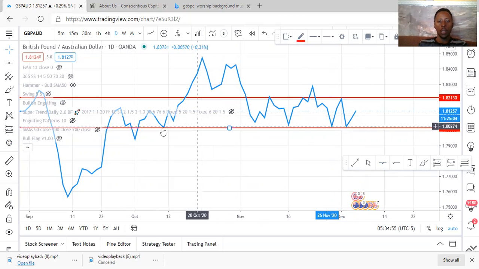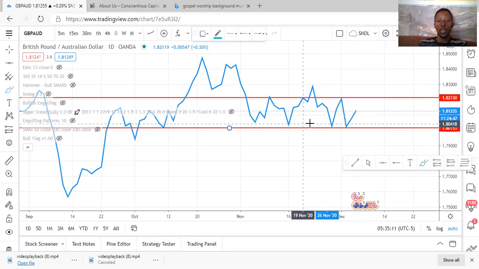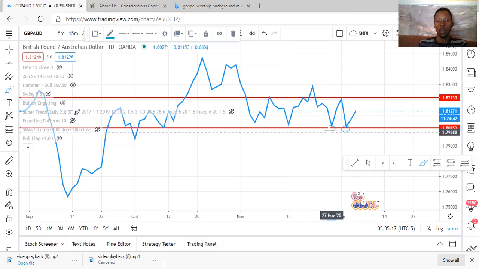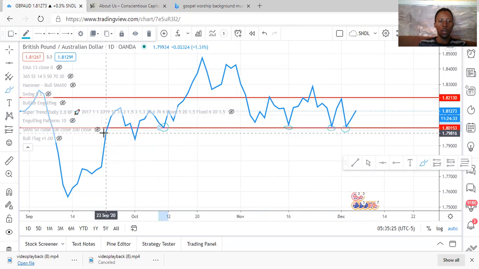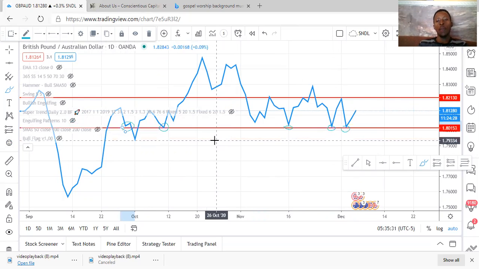As you can see, at this most recent low, price has mostly rejected this zone. This is a key point, here, here, here.